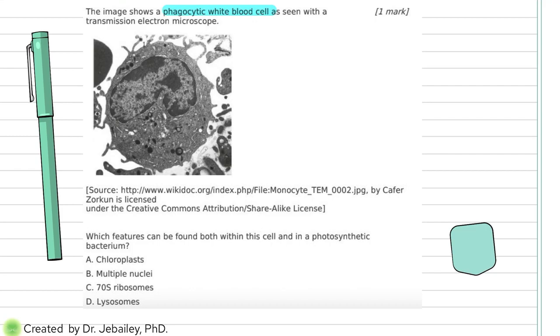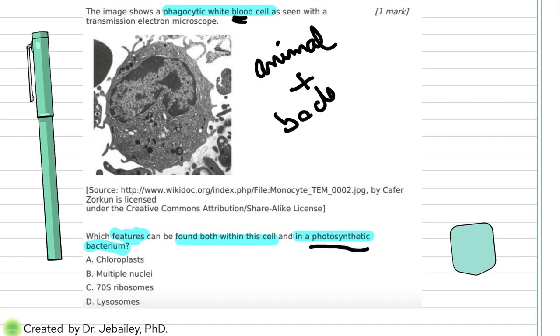Now, to continue reading the question: which feature can be found both within the cell and in the photosynthetic bacterium? So this cell here, because it said blood, I already know that it's an animal. So they're saying in this animal plus a photosynthetic bacterium, that means in the bacteria. But this bacteria is photosynthetic, that means this bacteria does photosynthesis.